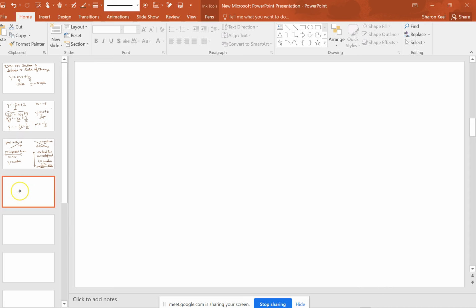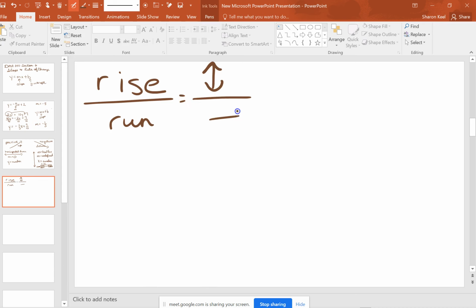Another thing that you will see is you might be asked about a roof pitch, the grade of a road, something of that nature. We can look at that as being rise over run. Rise is the distance that something goes up or down. Run would be left or right.